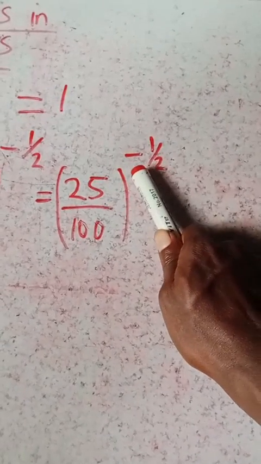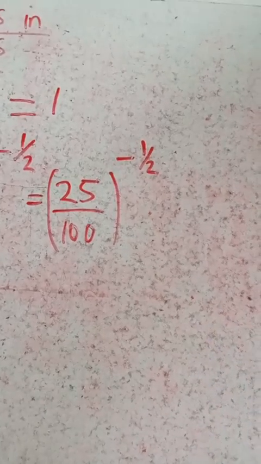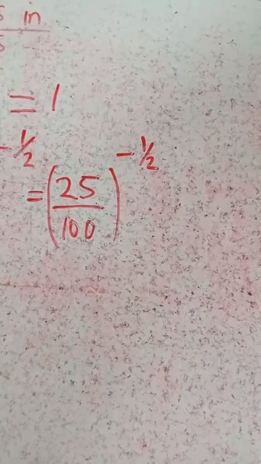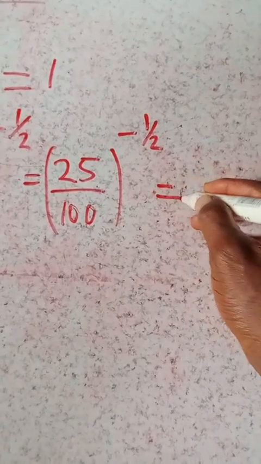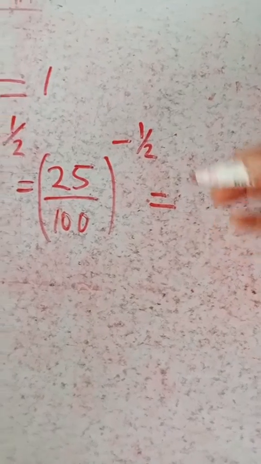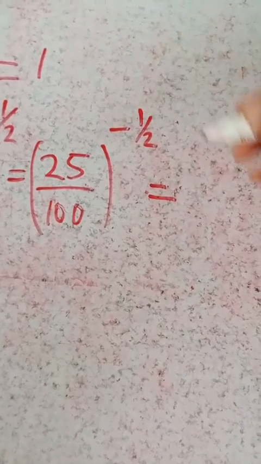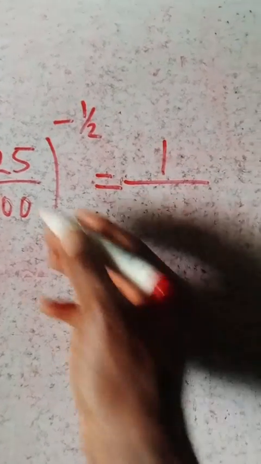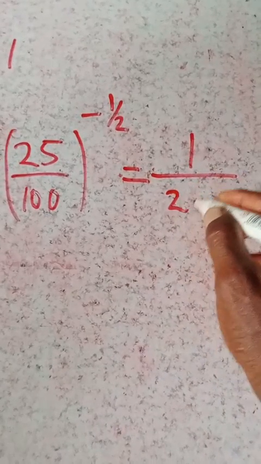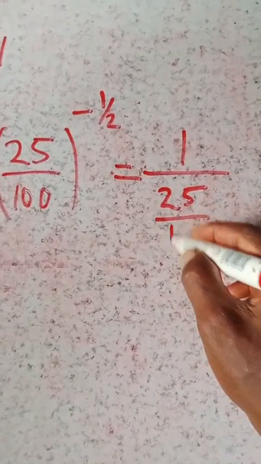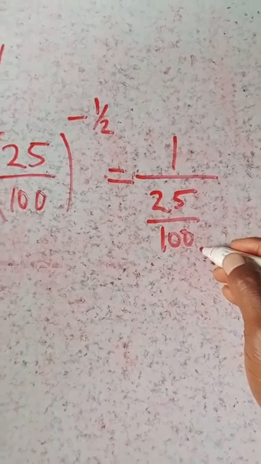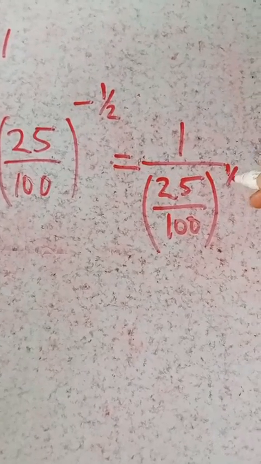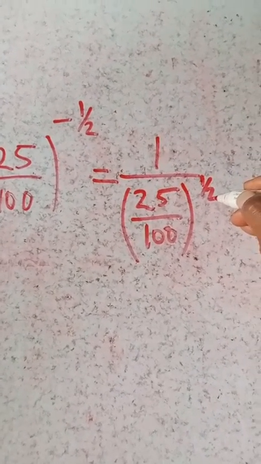The power is negative here, and the law states that whenever you have a negative index, because of the negative sign, you write down 1 all over the base, which is 25 over 100, and you still write the power, 1 over 2.